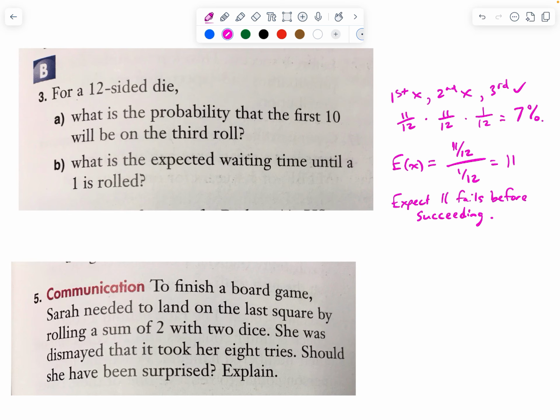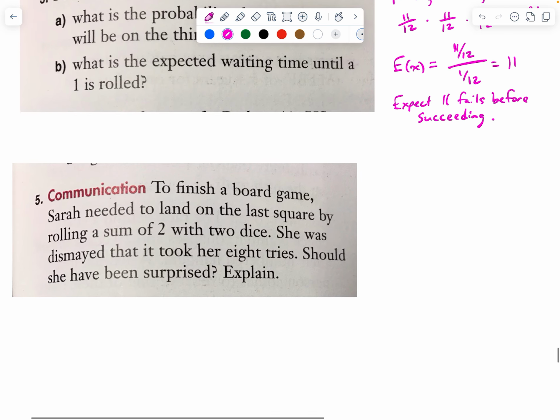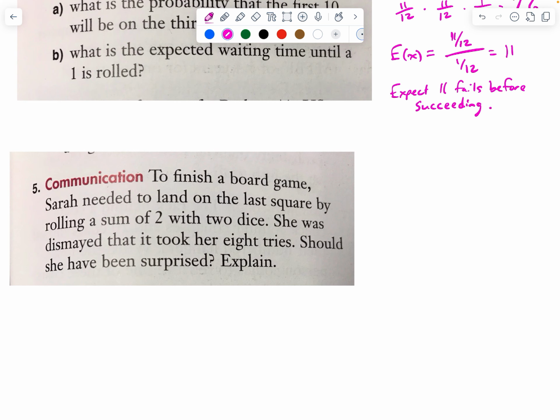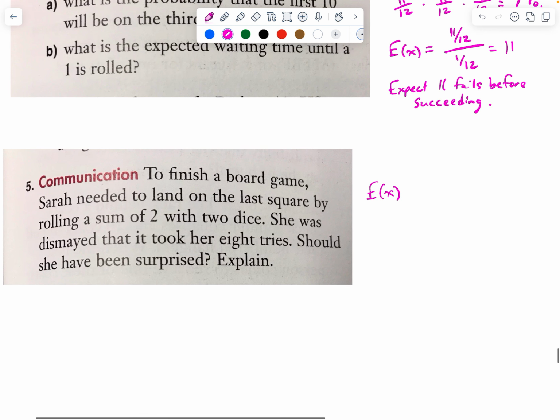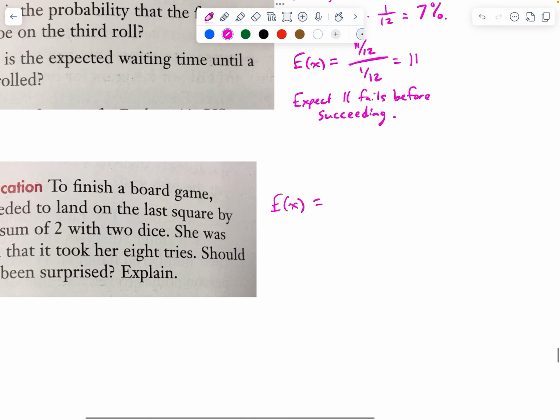Question number 5. To finish a board game, Sarah needed to land on the last square by rolling a sum of 2 with 2 dice. She was dismayed that it took her 8 tries. Should she have been surprised? We can look at the expected value here because we want to know, well, what should Sarah expect? She seems to be disappointed by what happened here. So how many ways are there to get a 2?